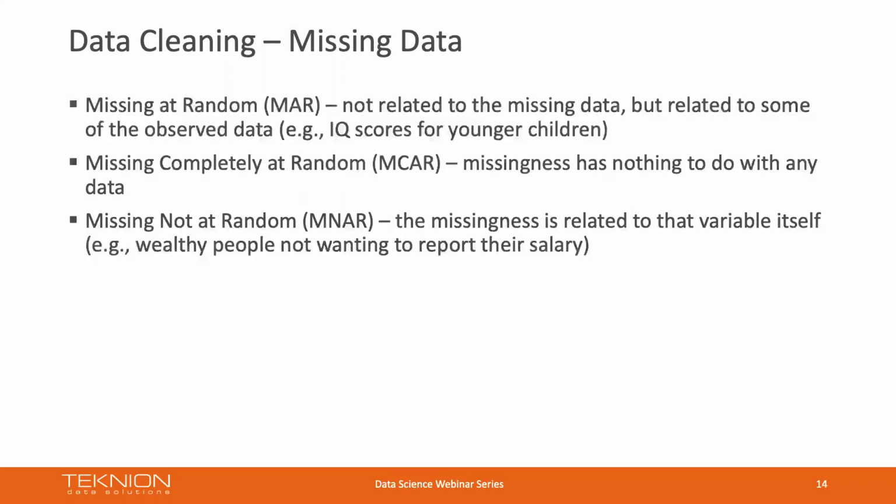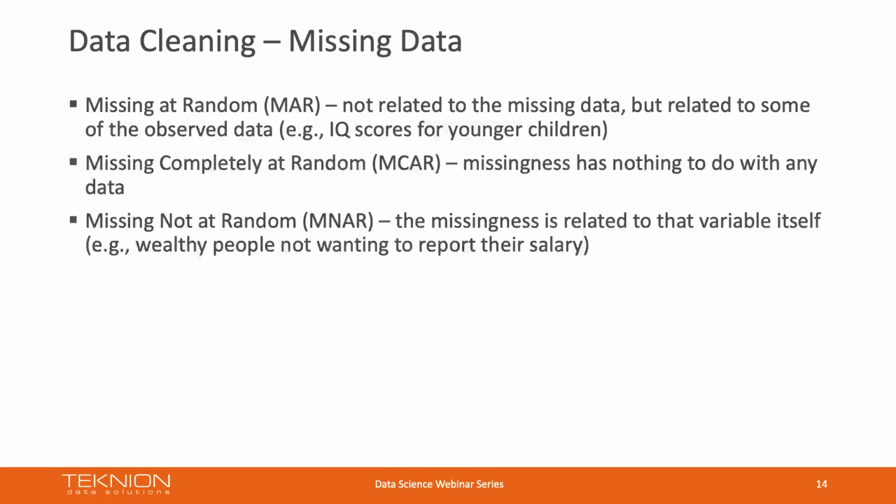There is a reason why it's not there, and it has something to do with the variable that we're actually reporting on. In that case, we've got a problem, and there are really good questions on whether or not we can actually get this information and whether or not this variable can be included in our analysis. With missing not at random, that's when we're typically going to stop or kick them out of the analysis, or try to go back and investigate why and maybe ask the question differently.